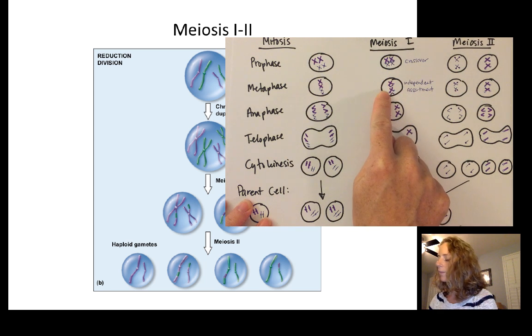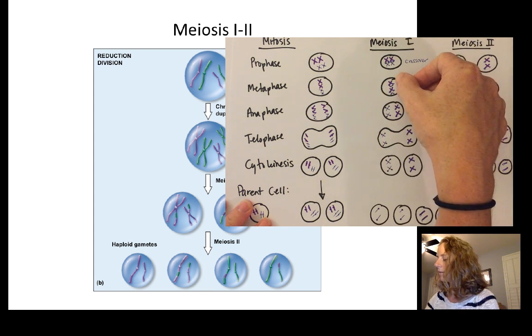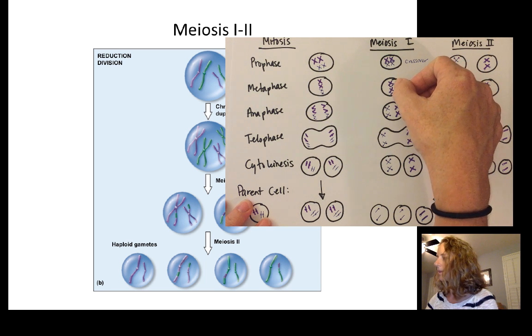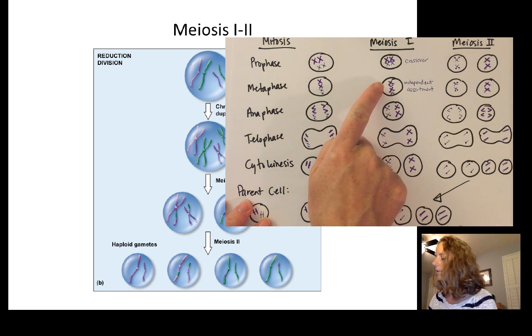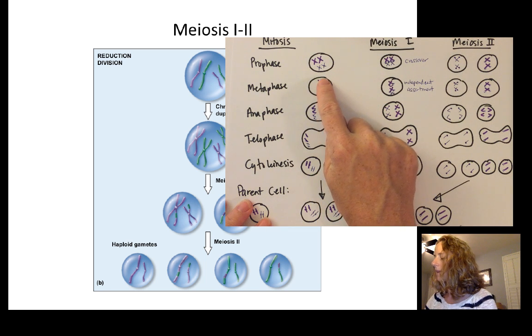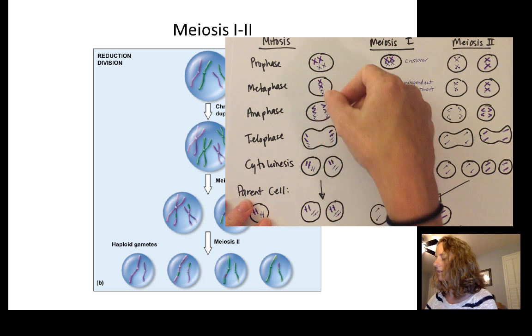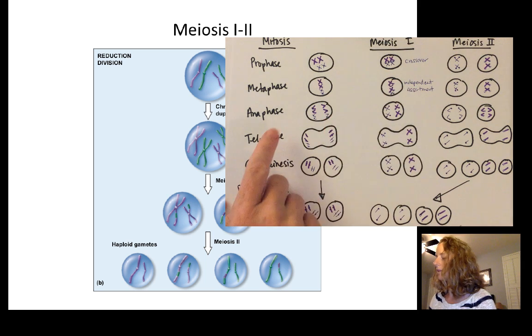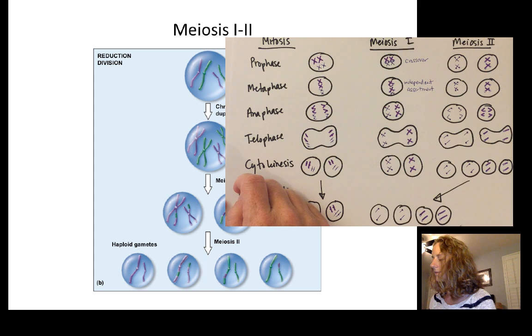The second important difference is during metaphase 1, and that is mom chromosomes and dad copies of chromosomes will assort independently. So in metaphase of mitosis, they were very carefully sorted such that you had one mom and one dad copy on either side.